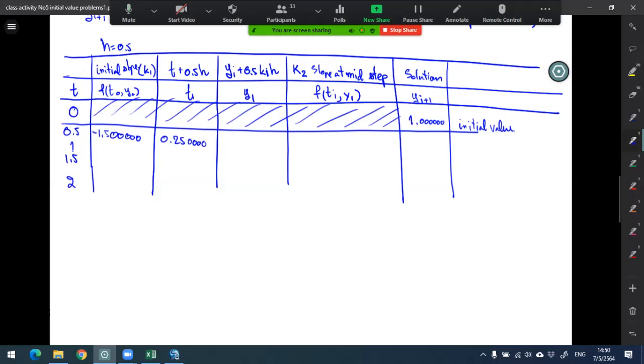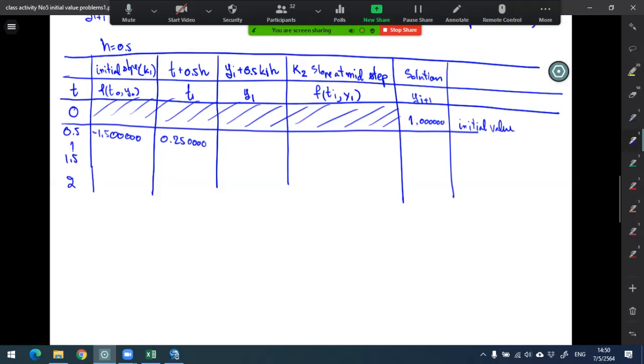After we get t plus 0.5h already, then we determine the value of y at mid-step.